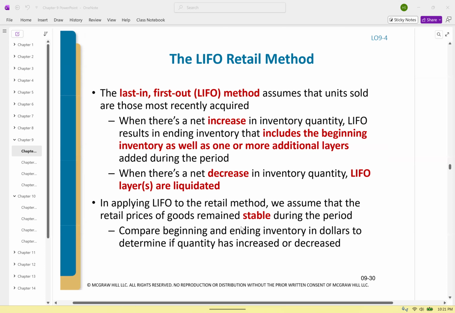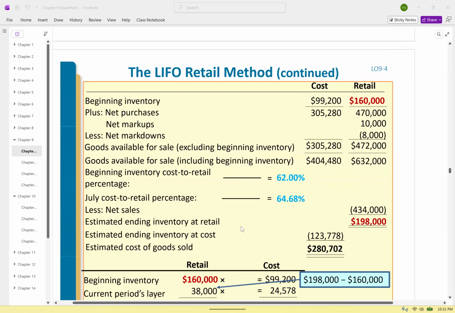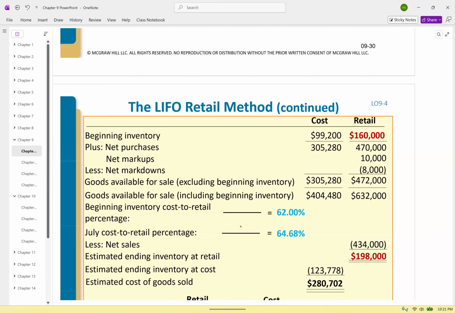So we're going to start with the LIFO retail method and we have our beginning inventory, purchases, net markups, markdowns. Nothing is going to go in those boxes because the markups and markdowns only affect the retail side.